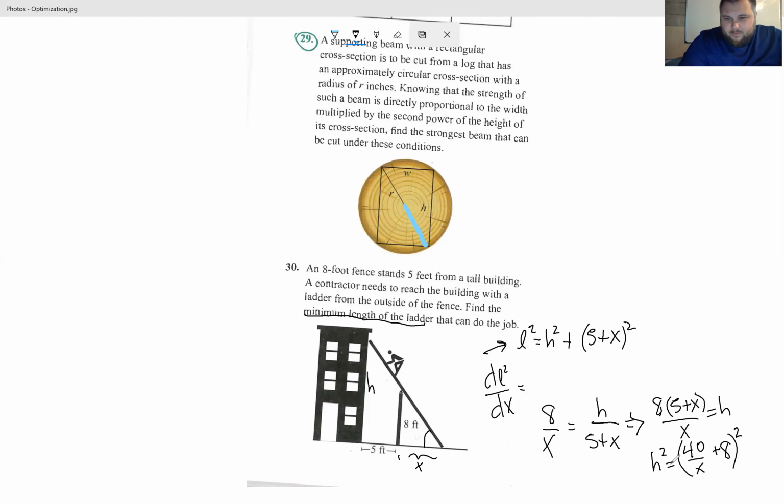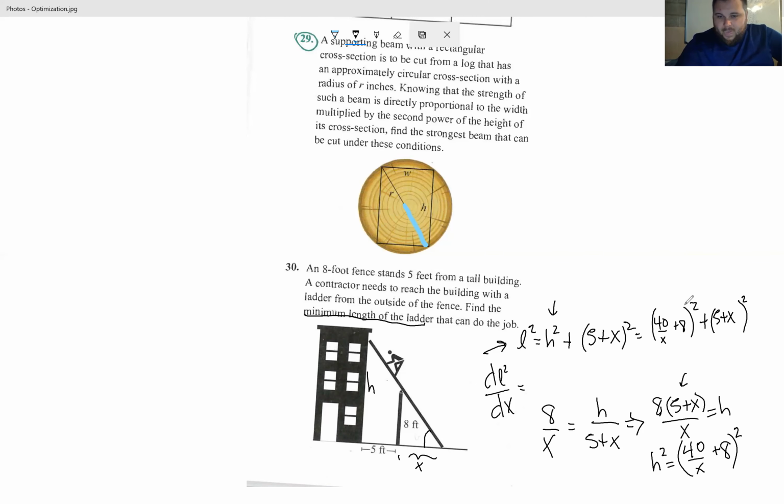So I just simplified this to 40 over x plus 8, and I'm going to plug it in there. I just put my squared in the wrong spot. There we go. And now take the derivative of this.